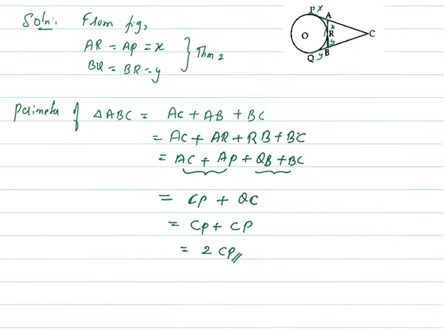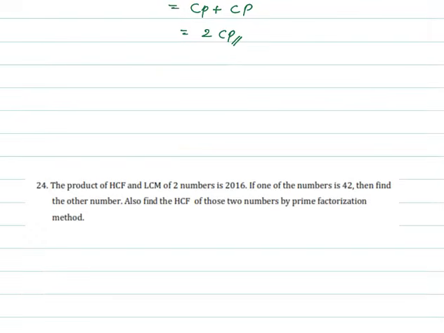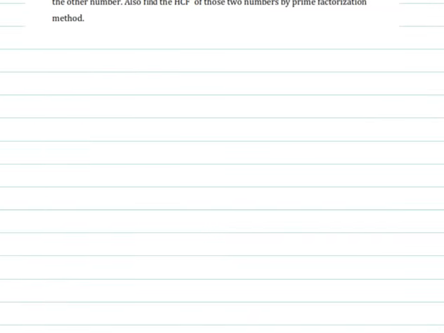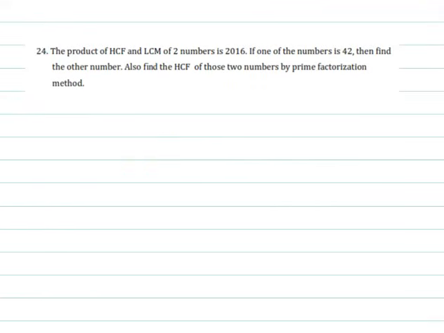Now I'm moving on to question number 24, the last question in this section. From the chapter real numbers, the product of HCF and LCM is given, that is 2016.